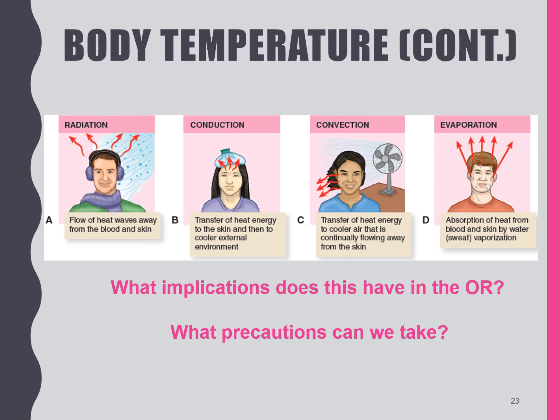So some things that we do, we have blanket warmers. And when the patient comes in, we make sure we cover them with warm blankets. We only keep the areas uncovered during surgery that need to be worked on, and we expedite that surgical procedure so that they're not exposed to the environment of the OR any longer than they have to be. We can also use other special warming devices like a bear hugger.